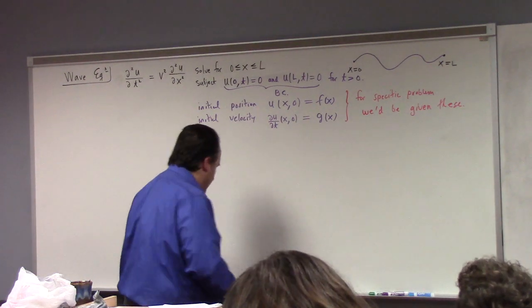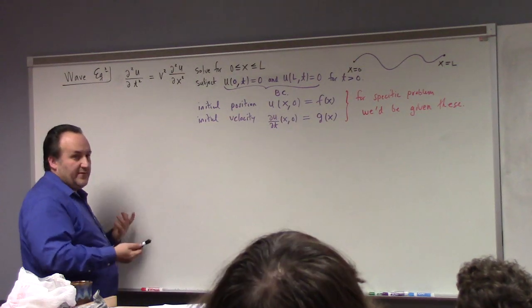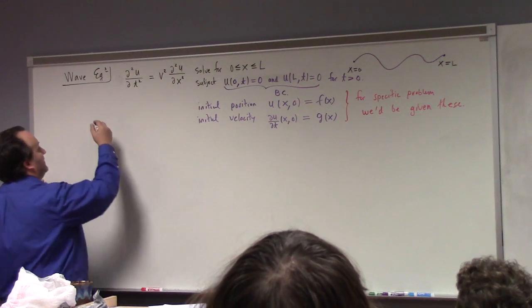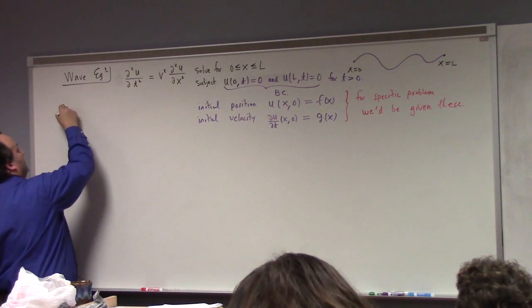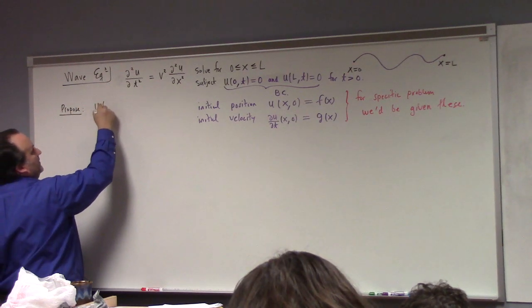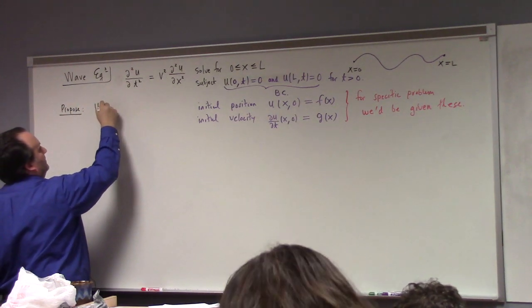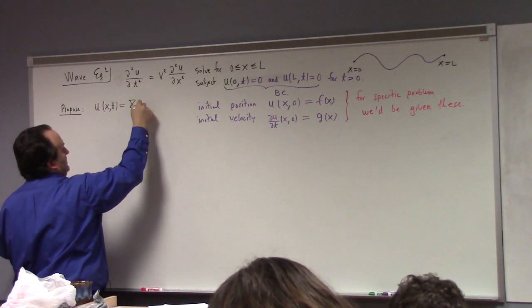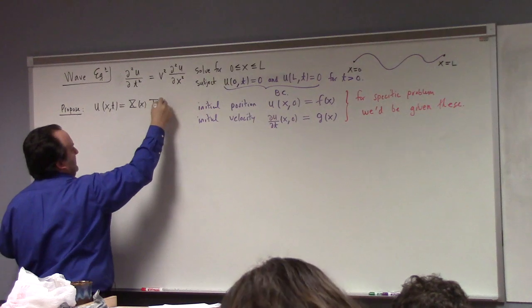So the first order of business is to separate variables. We do basically the same thing we did last time, separation of variables. So we're going to propose that u of x comma t can be written as a product of a function of just x and a function of just time t.